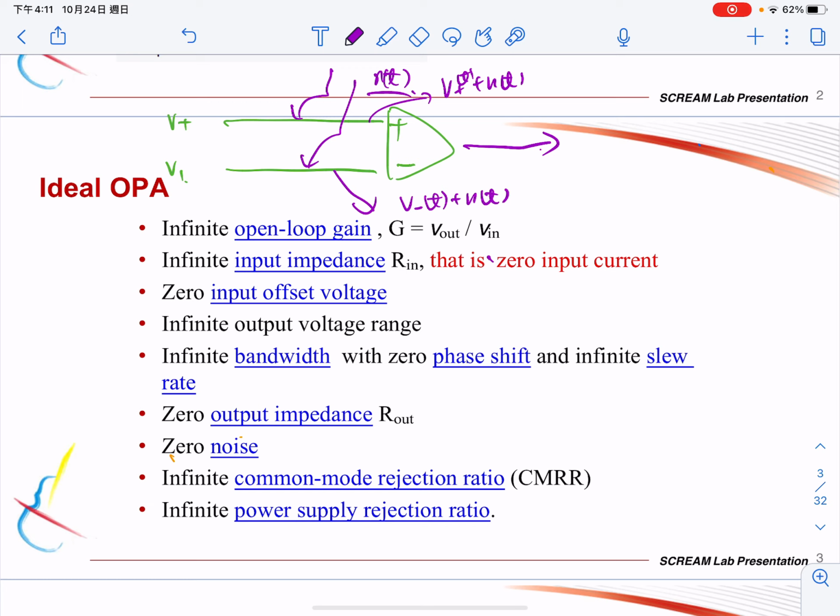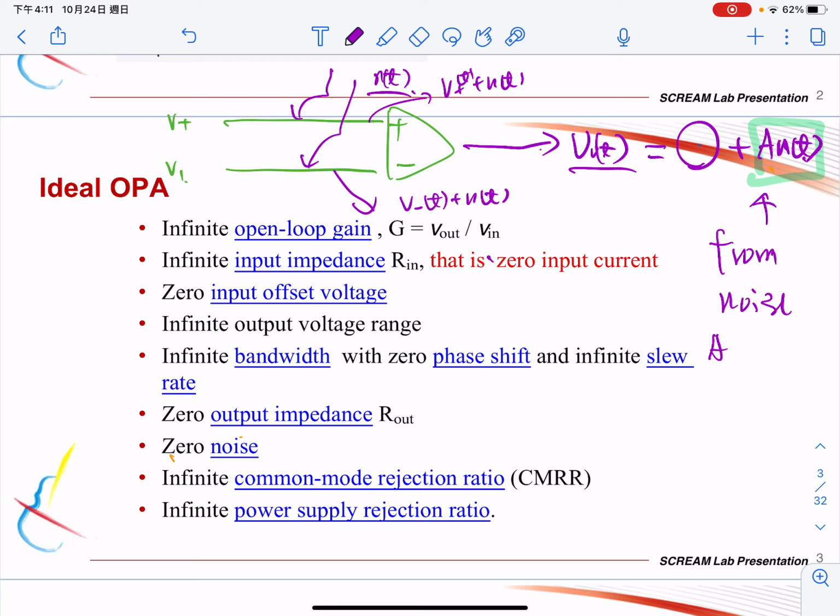And we want the V out of t here. There will be something plus A times n of t, and this term is purely from noise. And we want this A to be as small as possible.